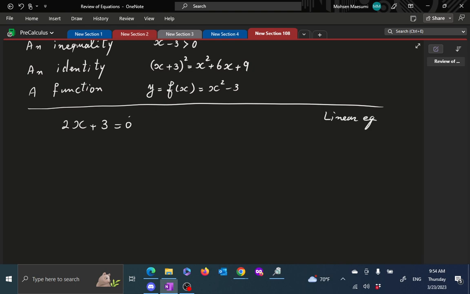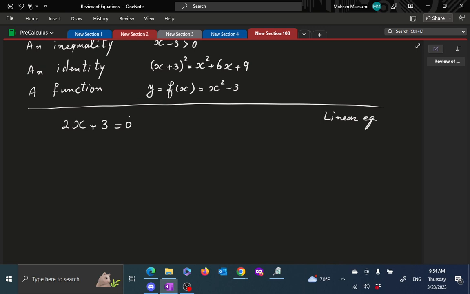Linear equation because when you consider the corresponding function, such as y equal to 2x plus 3, the graph of it turns out to be a straight line. At any rate, a linear equation, I'm sure you have gone through that in middle school, and then you know how to solve it. All that I would like to see is that you speed up your style of how you approach this thing.